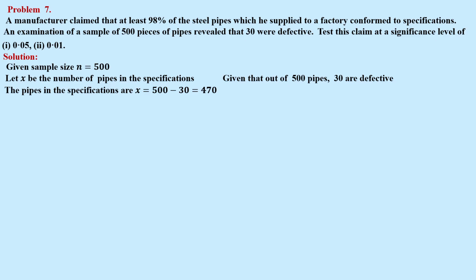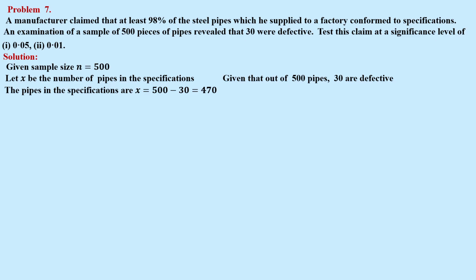Because the manufacturer claimed that at least 98% of the pipes he is supplying are within the specifications. That is what he is claiming. So that is why we are taking x to be the number of pipes in the specification, but they have given defective pipes.